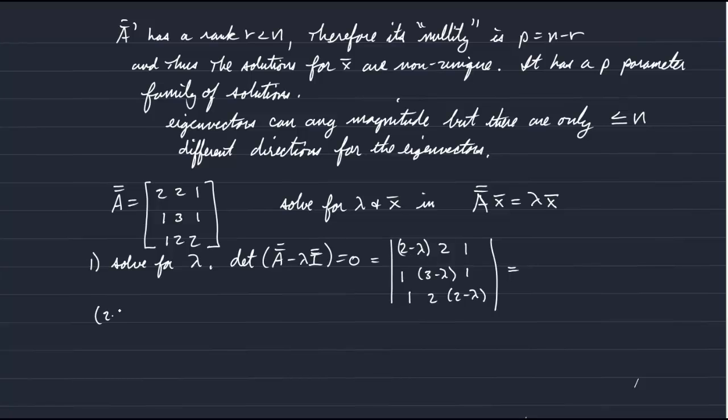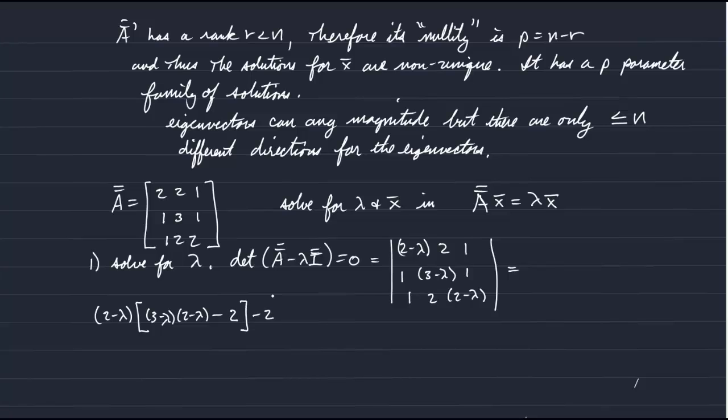of 2 minus lambda times 3 minus lambda times 2 minus lambda minus, oh, I'm sorry. Yeah, that's correct. 2 minus lambda times that, and then minus 2.